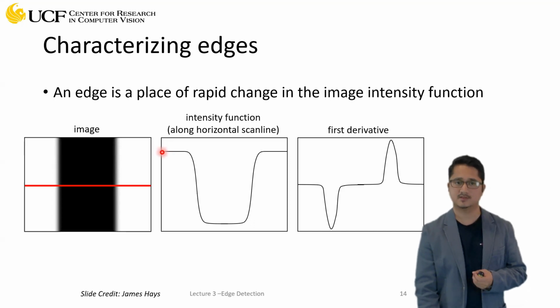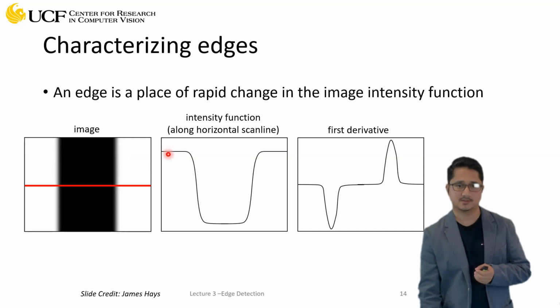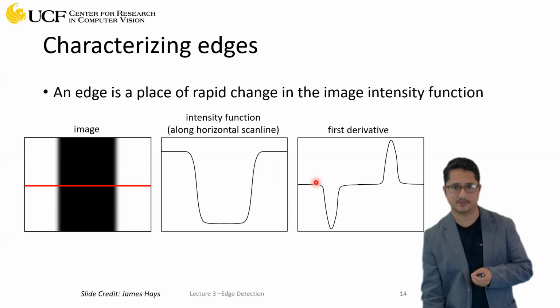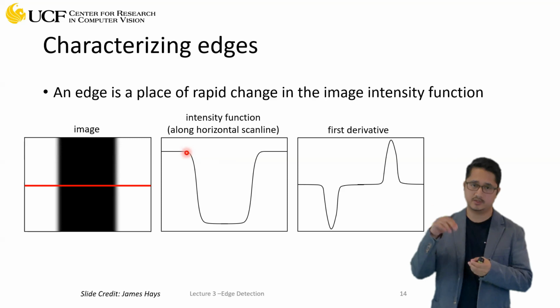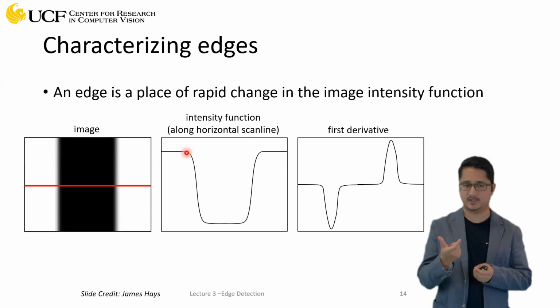So if we start from the left and start moving right, for each consecutive location we compute whether the value is changing or not. We can see the value is not changing, so the derivative is 0. This is the 0 level and it will remain 0 until we reach this point. And as we move forward, we can see the value is actually going down, so if you compute the difference, it's going to be a negative value.